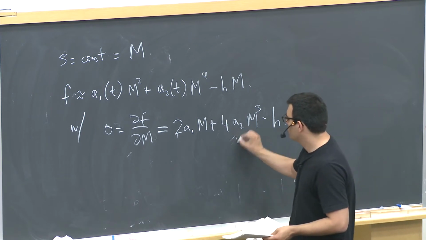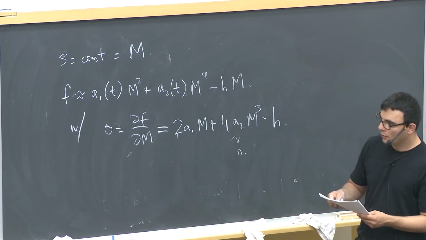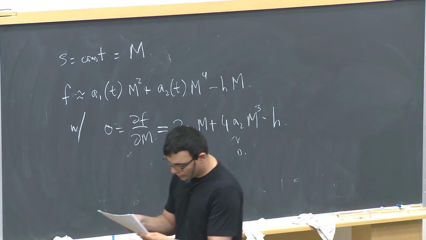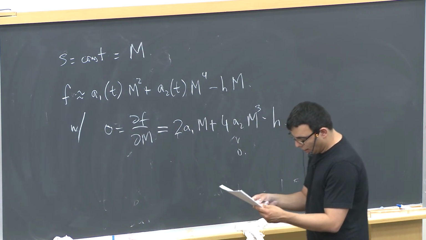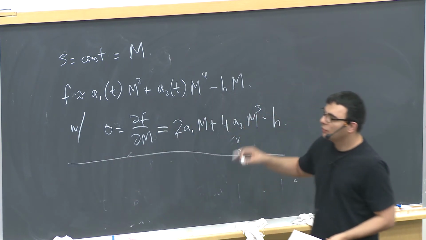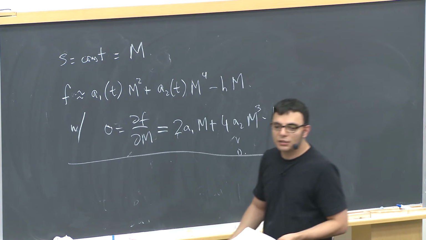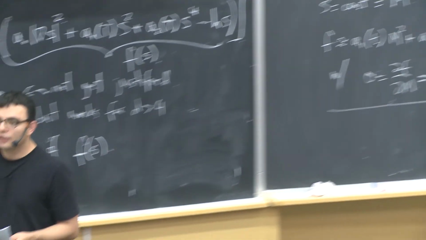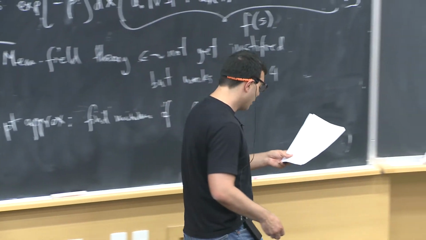By the way, this a2 is bigger than 0. We chose lambda to be a very large positive number. And this model, even though it is very simple, is sufficient to be able to describe a second-order phase transition. So how do we see that?